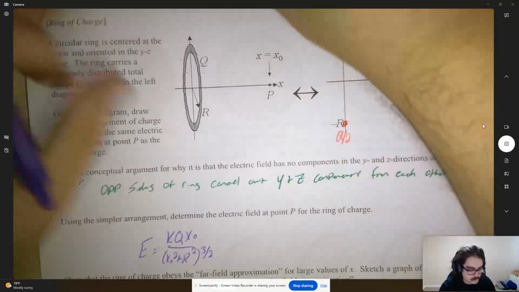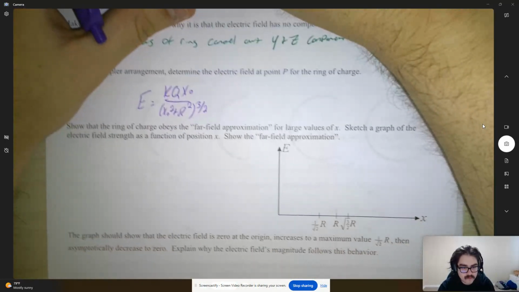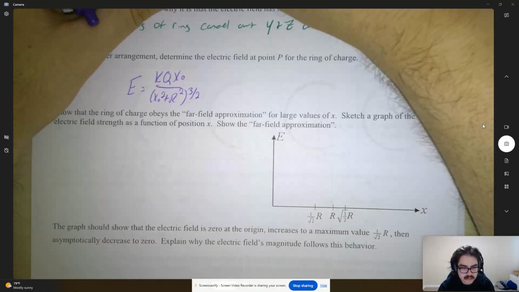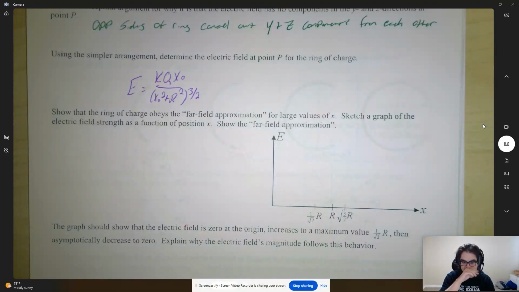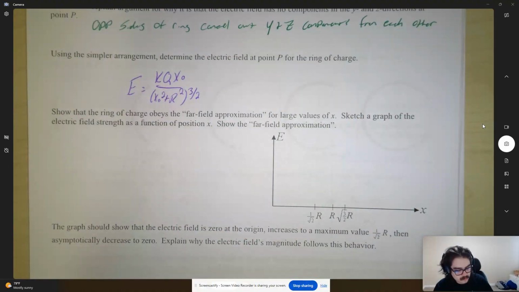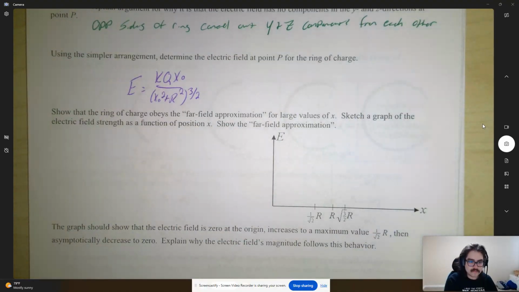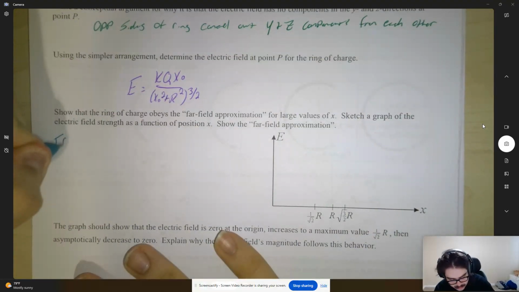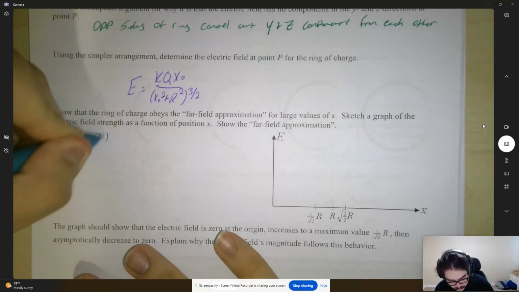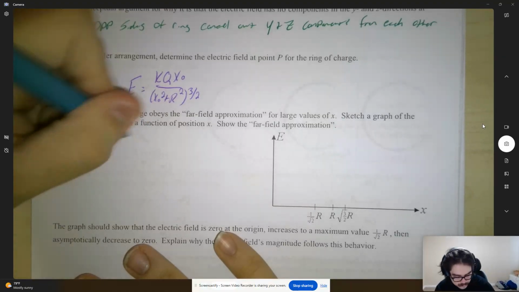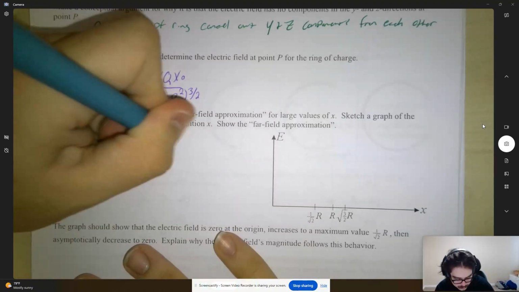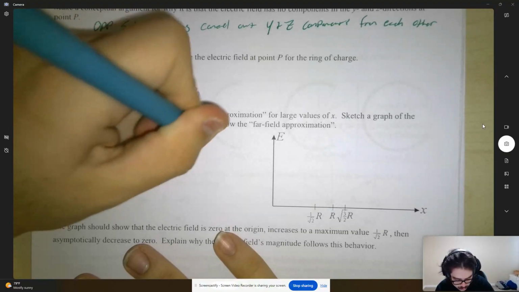Now, if we were to take this ring of charge and go really far away from it, if x is much greater than R, then x squared plus capital R squared should just equal x squared.